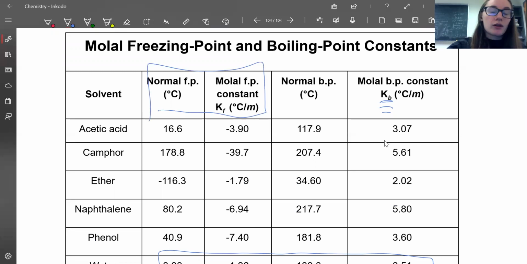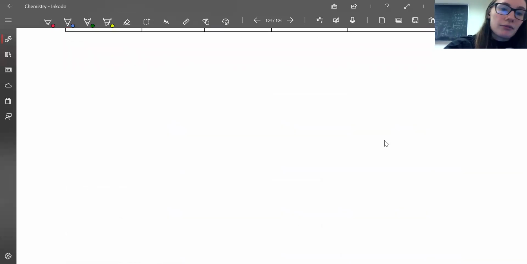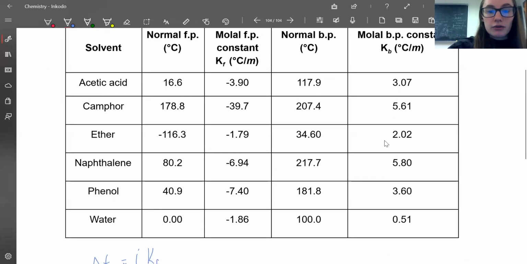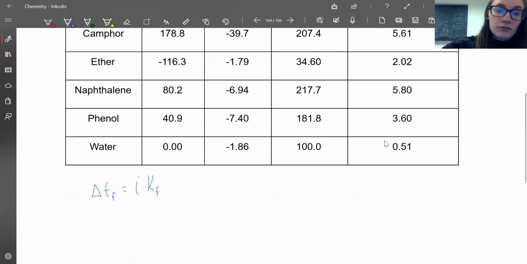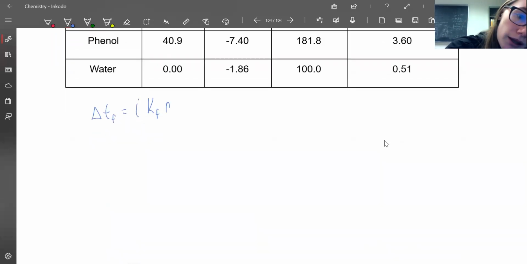The equation for freezing looks very familiar. Your change in temperature for your freezing is that Van 't Hoff factor again, times this time your freezing constant. You'll notice this is negative. And that molality again.